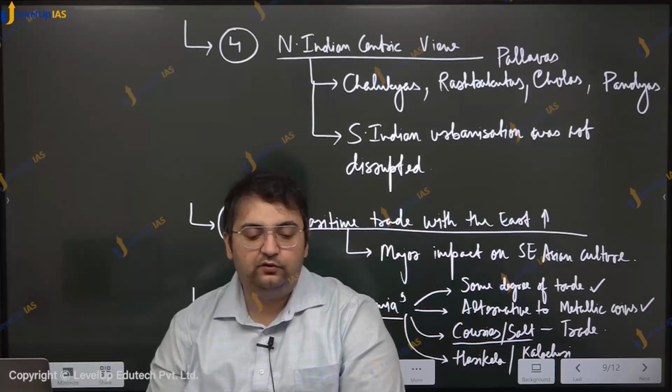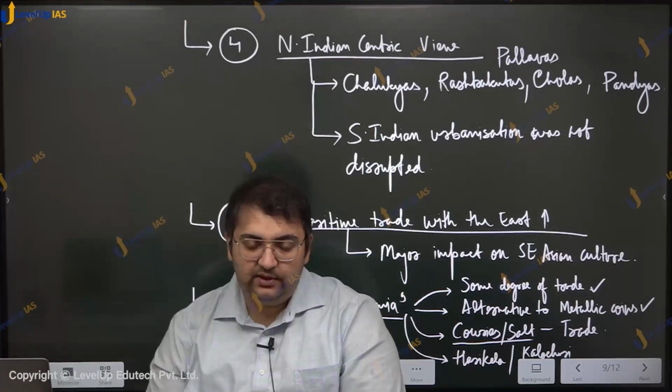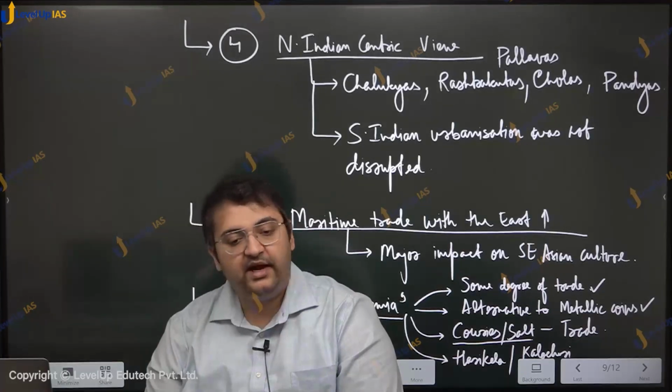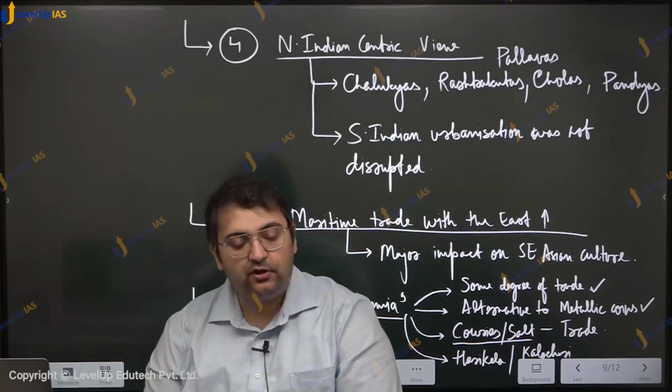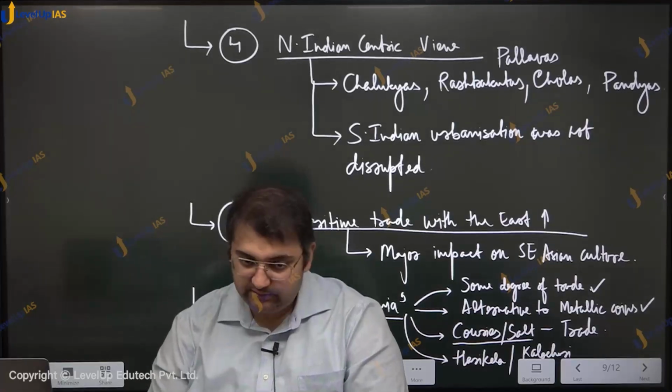The argument we are trying to make over here is that the decline in trade with Rome was more than made up for by the expansion of trade with Southeast Asia and China over the maritime route. Okay.